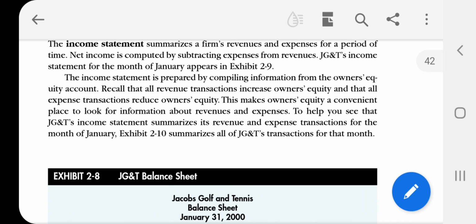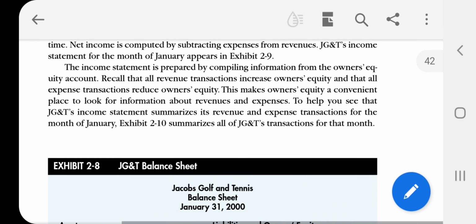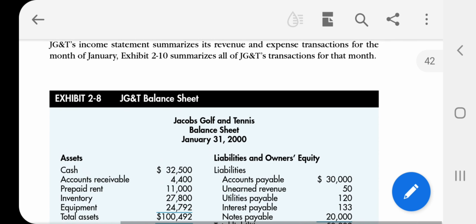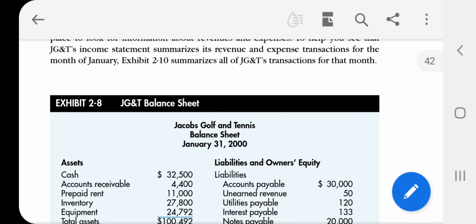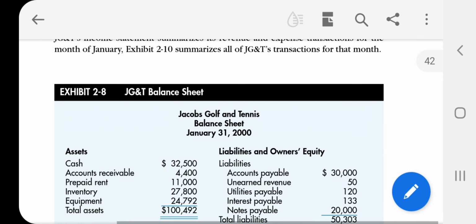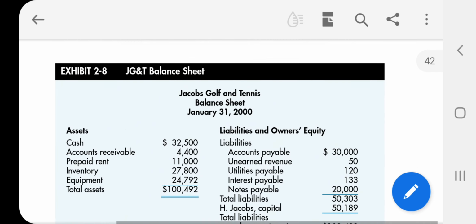This makes owner's equity a convenient place to look for information about revenue and expenses. To help you see that G and T's income statement summarizes its revenue and expenses transactions for the month of January, Exhibit 2.10 summarizes all of the G and T transactions for that month.